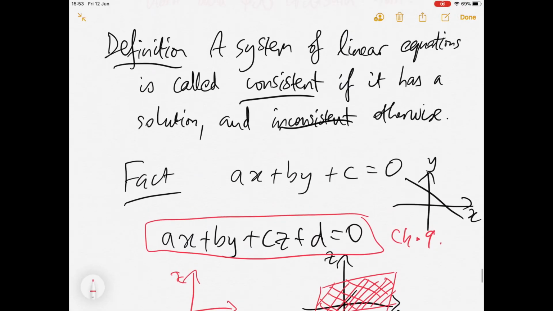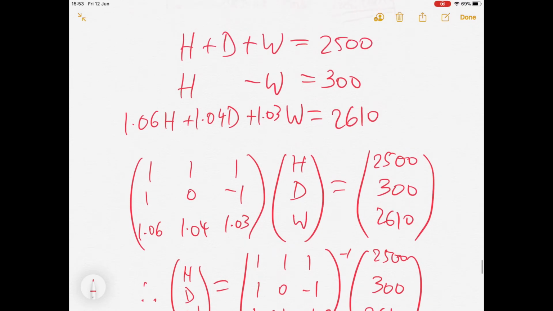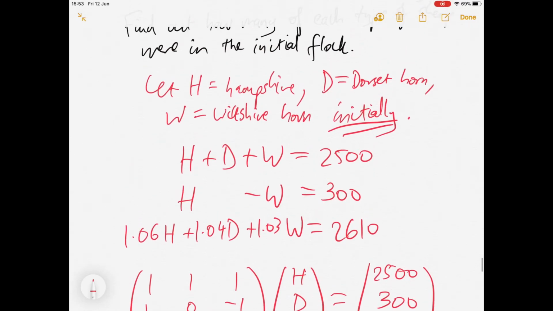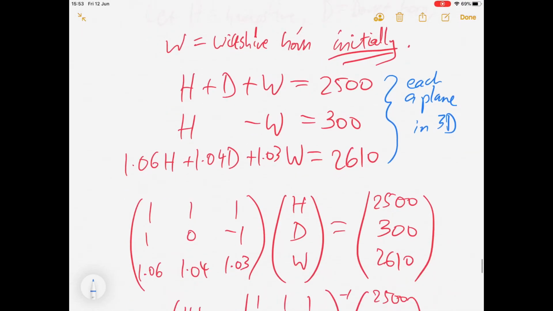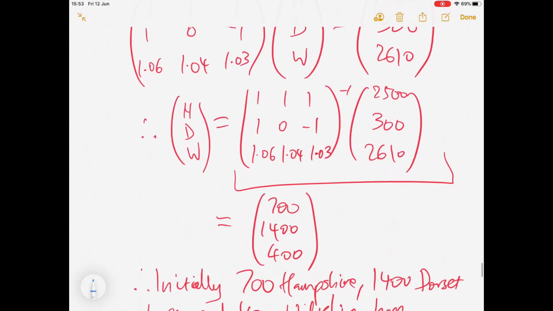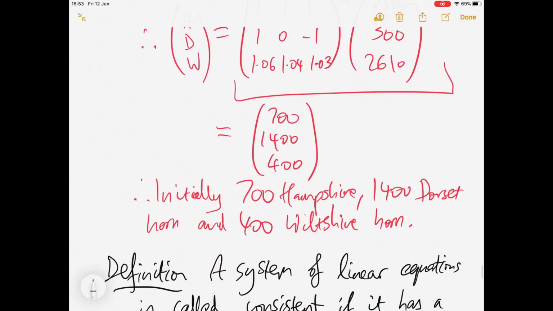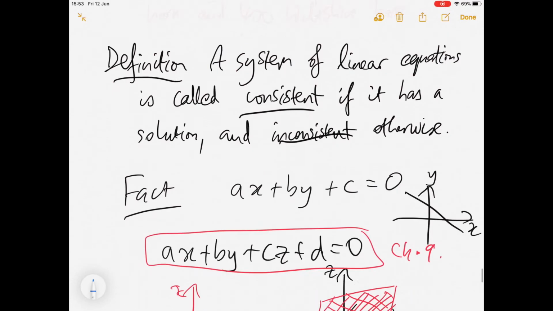But the reason this is important for now is we can see in these examples of linear systems, each of these equations describes a plane in 3D. So we have 3 planes. And these 3 planes in this sheep example met at this point, 700, 1,400, 400.